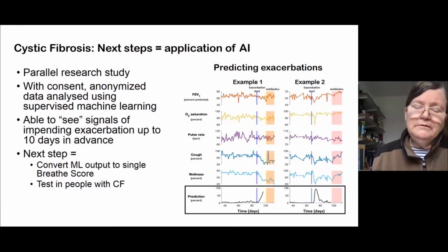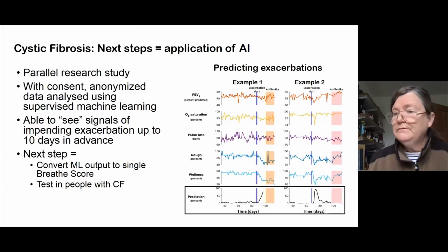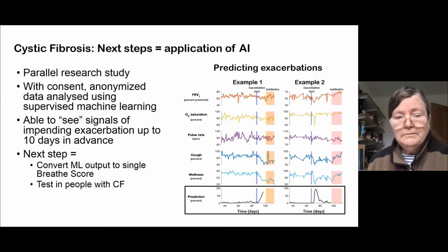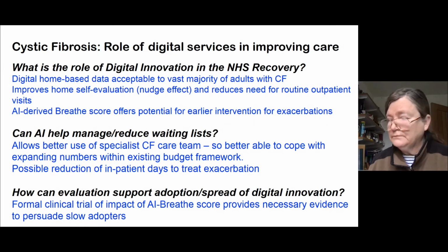So now we're in the process. The AI award we have is basically to complete a randomized controlled trial where we're going to give to people with CF the algorithm output and establish whether it improves their healthcare. So this is just my final slide. We found that digital home monitoring is acceptable to the vast majority of adults.